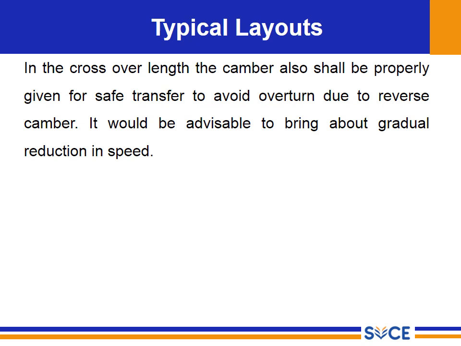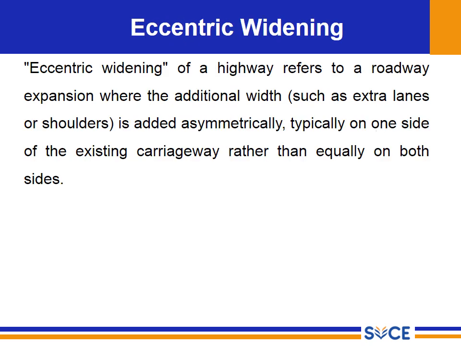Suppose you are diverting complete A to B traffic, then the B to A camber is opposite to each other. So the merging of both the cambers, proper curve formation, is very important, otherwise overturning of vehicles may take place. Suppose heavily loaded, overloaded goods with a very high load, if such a vehicle is passing through such curves, it may overturn.